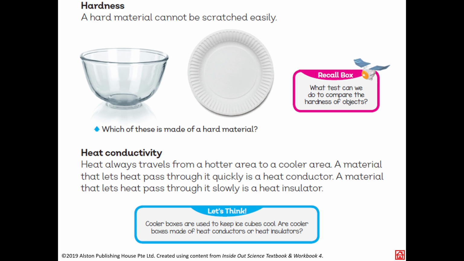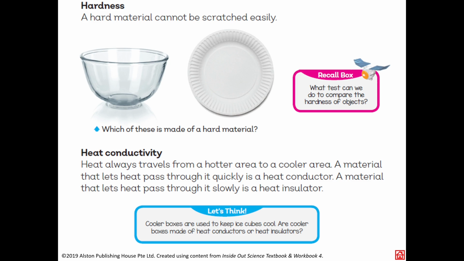A heat conductor is a material that lets heat pass through it quickly, for example metal. Next is heat insulator, a material that lets heat pass through it slowly. One good example is plastic or wood.